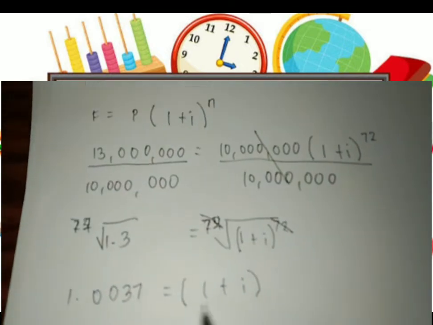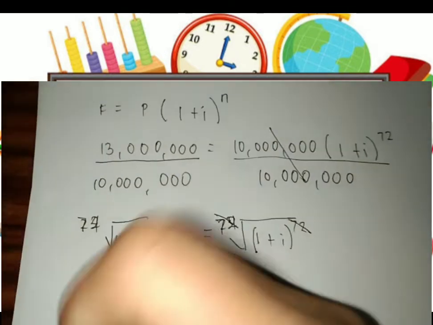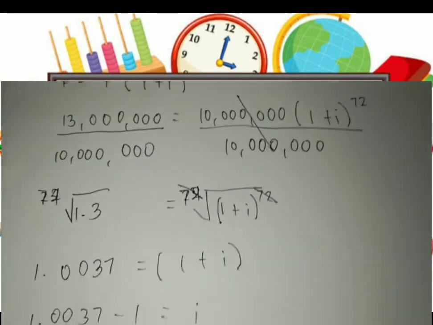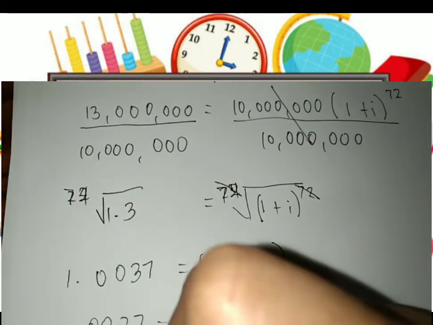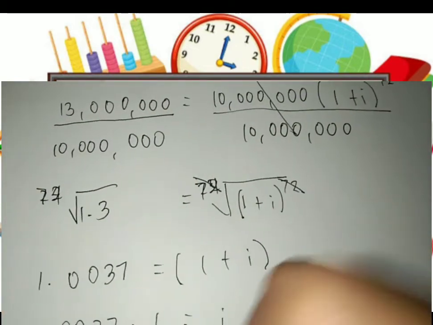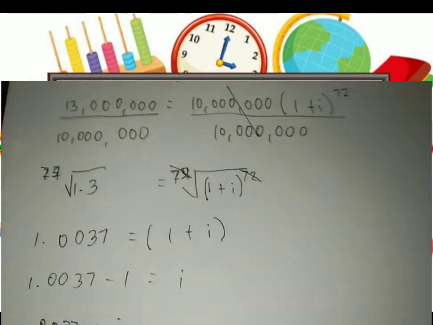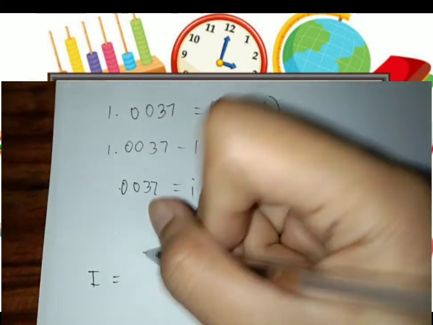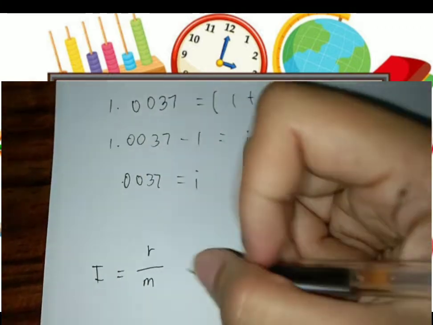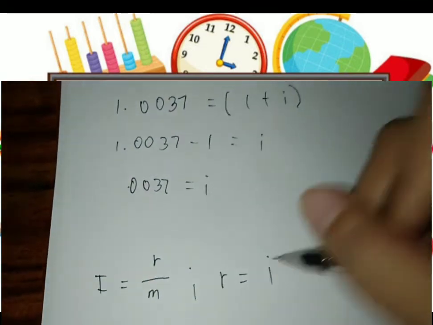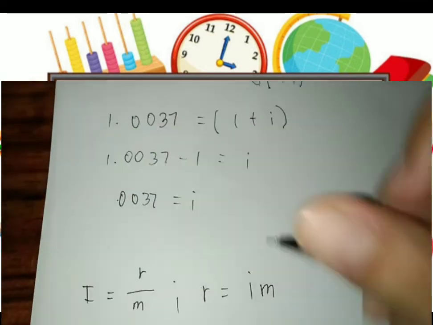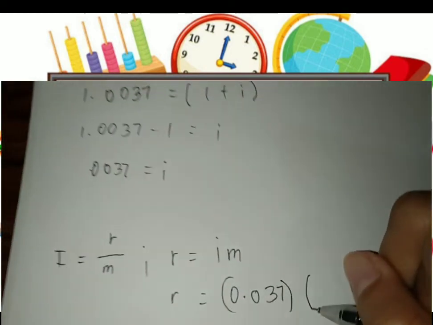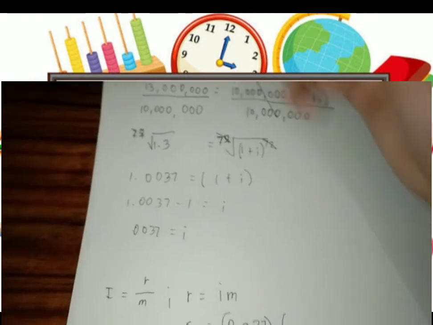We move the 1 to our left side. So 1.0037 minus 1 is equal to i. We subtract it, and the answer is 0.0037, which is equal to i. Now we are going to find the R. i is equal to R divided by M, so R is equal to i times M. Our i is 0.0037 and our M is 12.